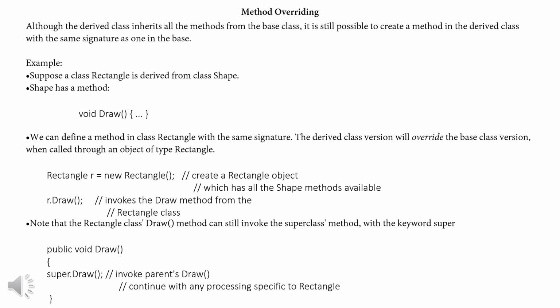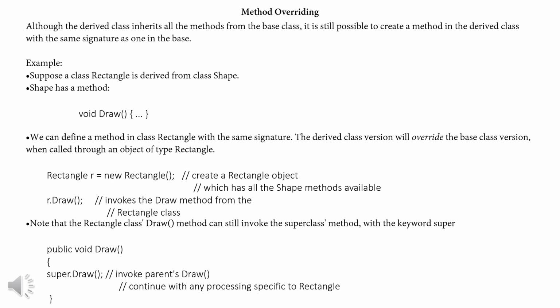In the superclass, we have many methods, and the subclass inherits all of those methods. So in the subclass, we can define a method with the same signature as the method that we already have in the superclass. And this is called method overriding, right?